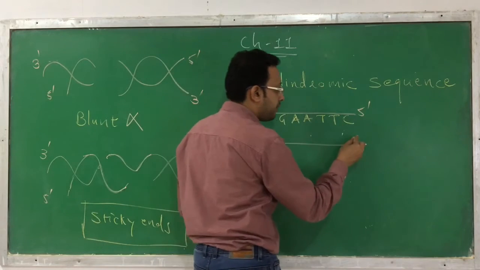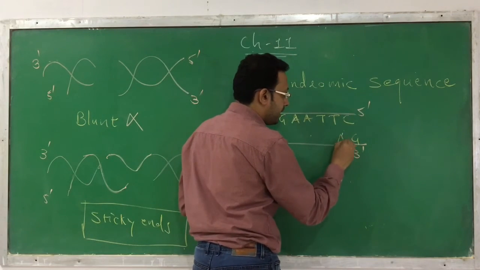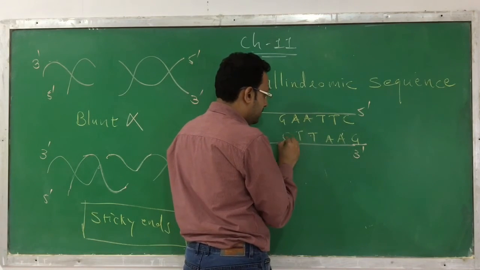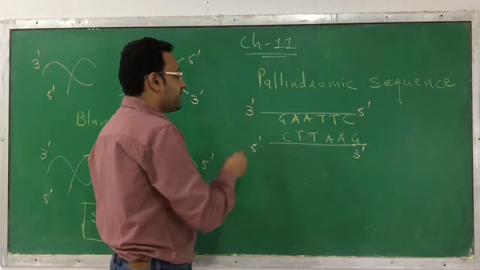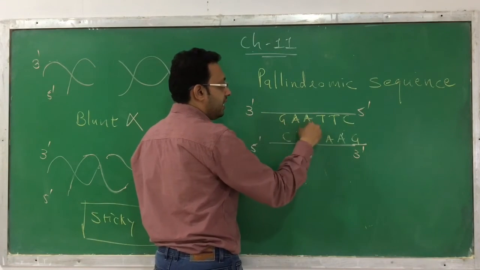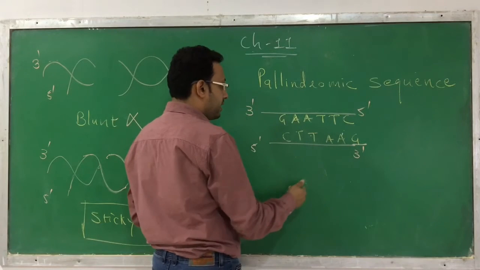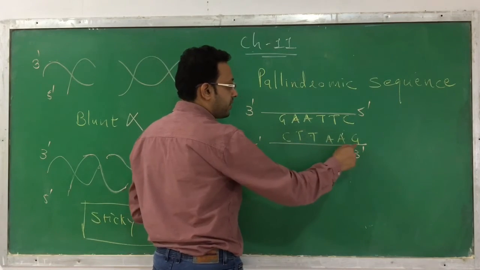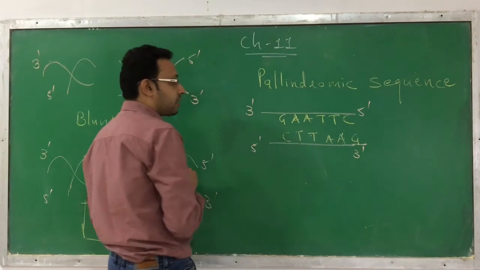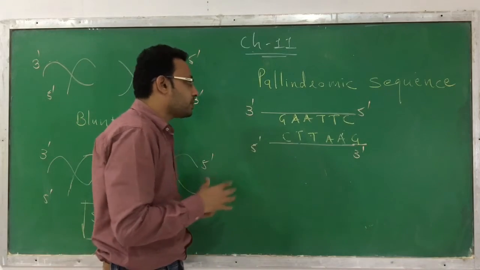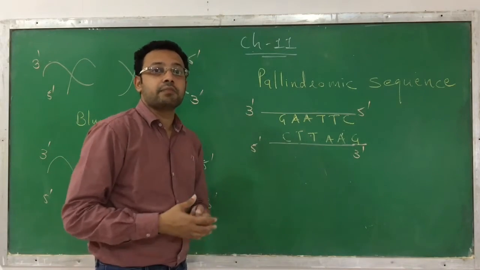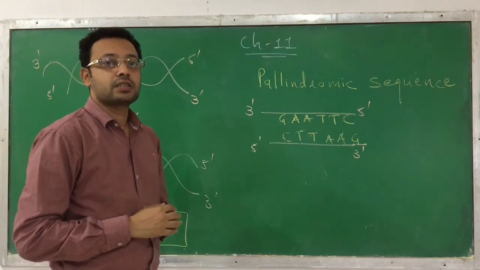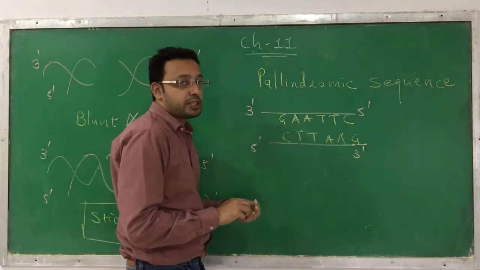So write C opposite G, T opposite A, T opposite A, T opposite T, T, C. Now read in this direction, 3' to 5', G, A, T, T, C. Now read in the opposite direction this way. Clear? So you can read G, A, T, T, C. When you read in the opposite direction, it reads the same. Such sequences are called palindromic sequences. And here it will cut at the specific site.